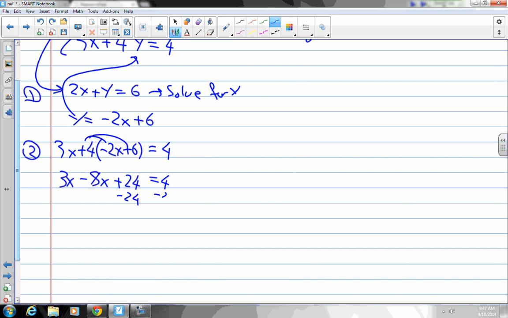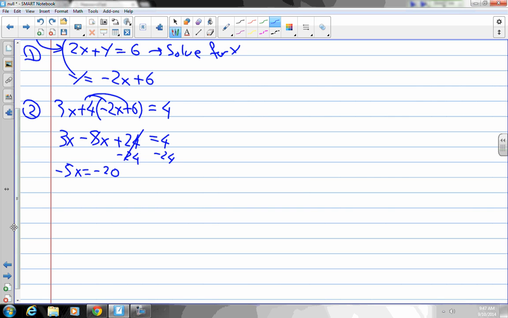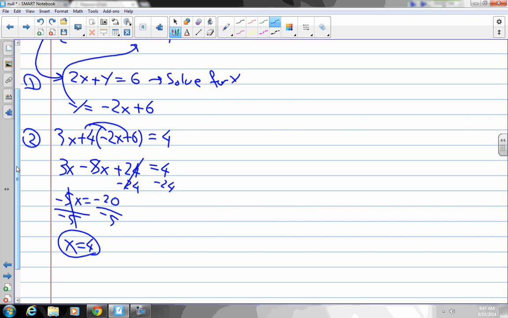Combine like terms, so negative 5x equals negative 20. So therefore, divide both sides by negative 5. x equals 4. Is that okay? Now what?